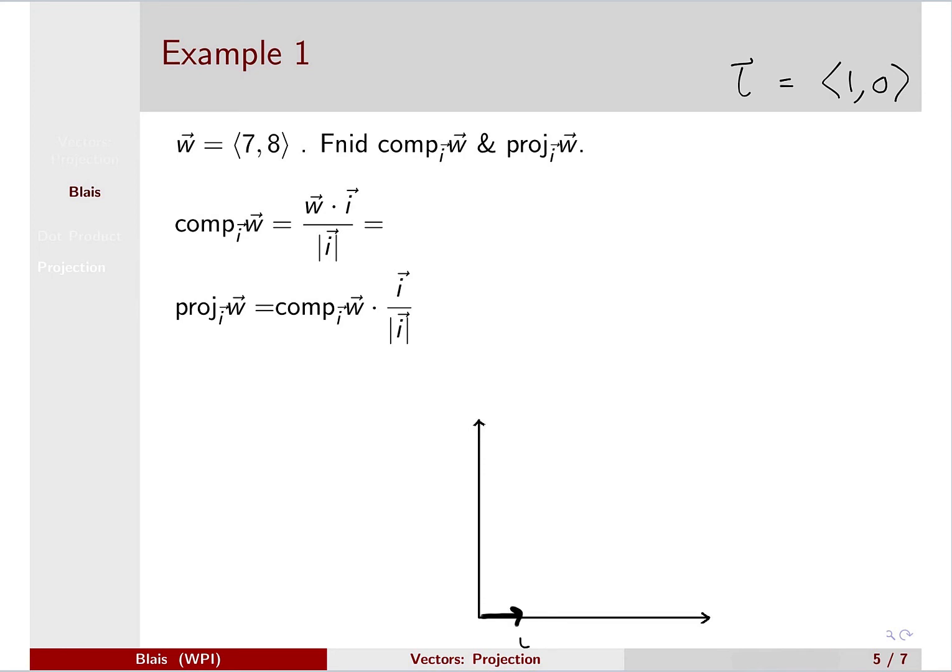And so we know this would be 1. And W would be this position vector of the point 7, 8. So our W will look like this.